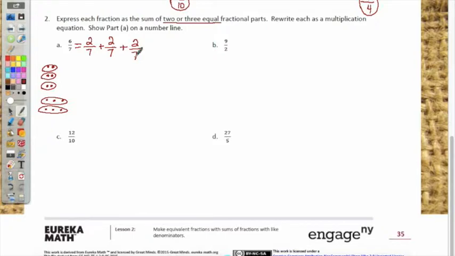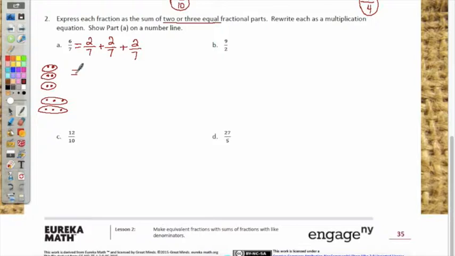Notice I'm ignoring the denominator right now. It's not important. It doesn't change, and we're just repeating the top number for now. So, how would I make this a multiplication problem? 2 times 3.